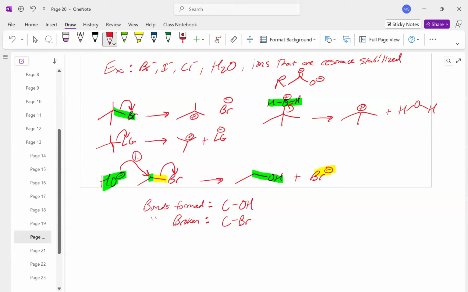What is arrow number one demonstrating? What kind of mechanistic template? Number one is demonstrating nucleophilic attack. And what is arrow number two demonstrating? Arrow number two is demonstrating a leaving group leaving. So it is quite possible, and quite often you will see, that we combine a lot of our templates into one mechanism or even into one mechanistic step.